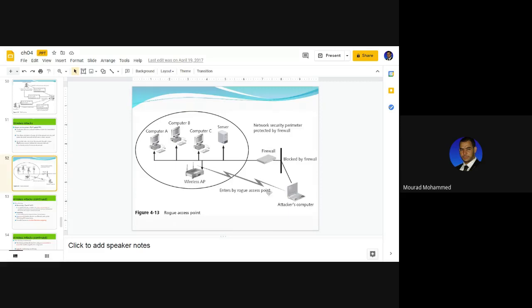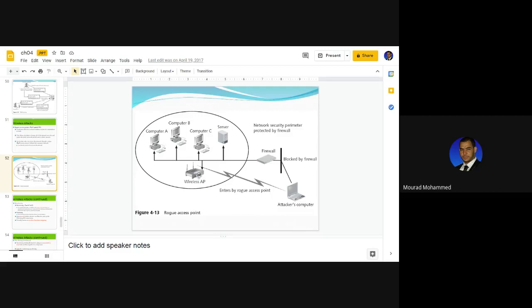If a user gains access to the resources through a wireless access point without being authenticated, that access point is a rogue access point, and this is an attack carried out by an unrecognized, non-legitimate user.